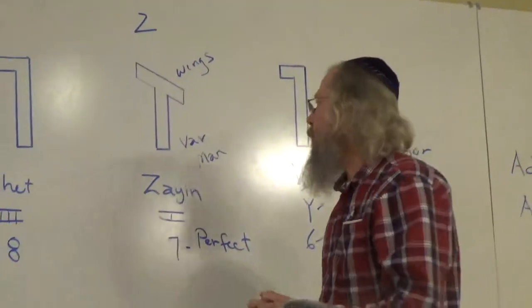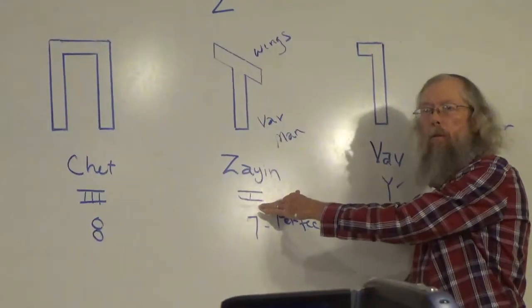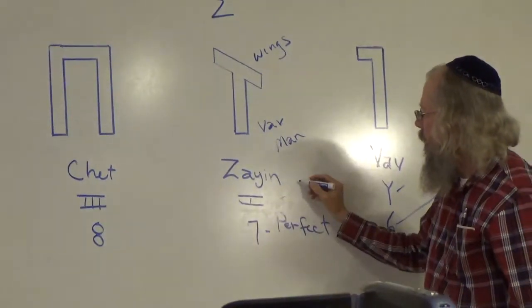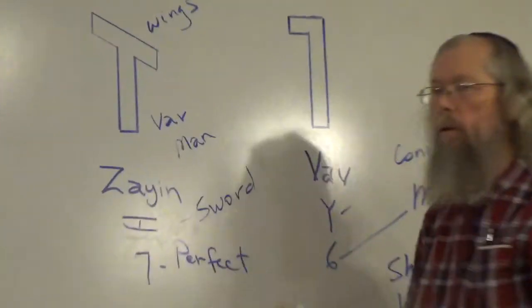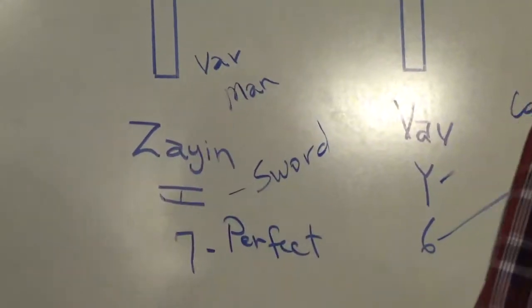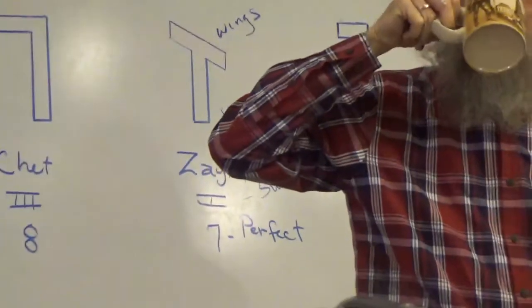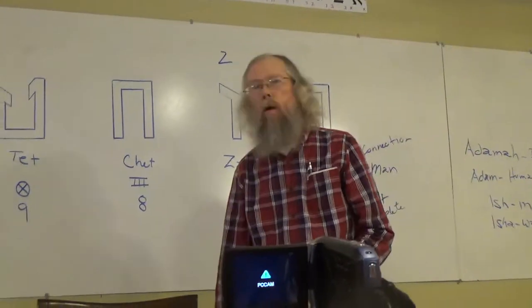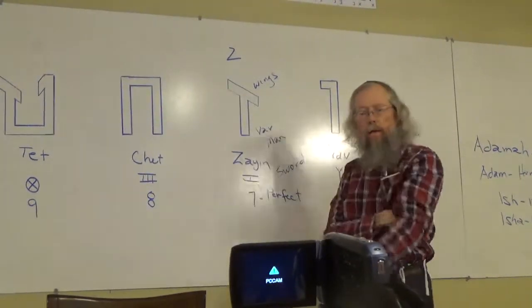Which brings us to this point here. Notice this mark right here, the paleo Zayin. It is a sword. So this is a man with wings, that he is malach, he's an angel.